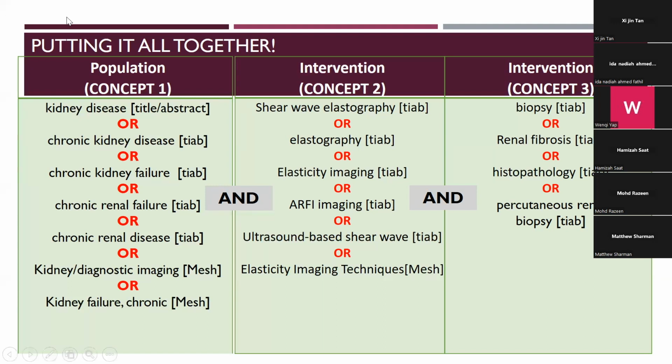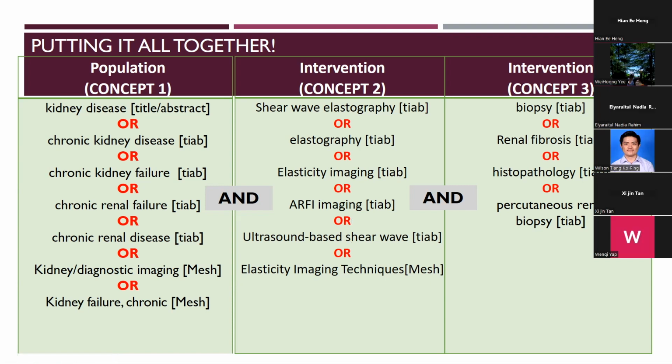Is there any question that you want to ask regarding this searching part? Hey, Dr. Anita, I'm Ida here. I would like to ask you a question because, according to what you write here, you put in the MeSH or the free text term, let's say chronic kidney disease.